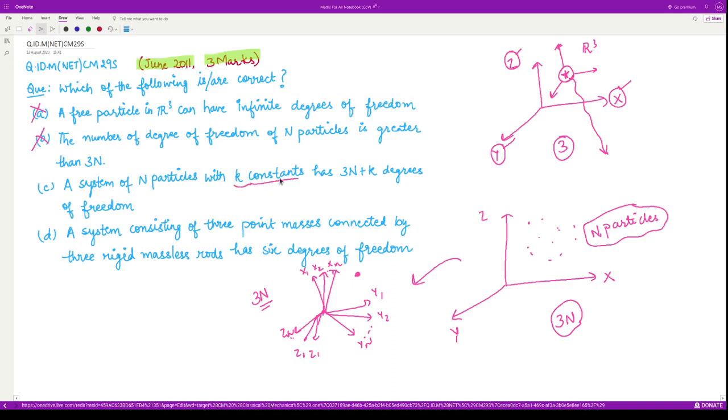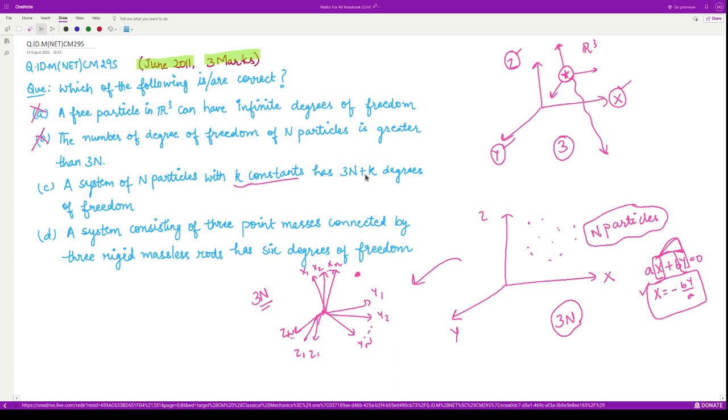So if our constraint is of this form, say ax plus by is equal to 0, and x and y are the independent coordinates, then in that case you can write x as minus by upon a. So you have just expressed x in terms of y. Therefore, now your 2 independent coordinates have reduced to only 1 independent coordinate.